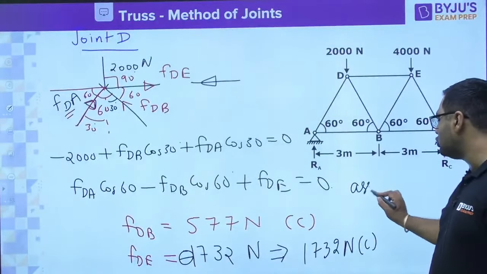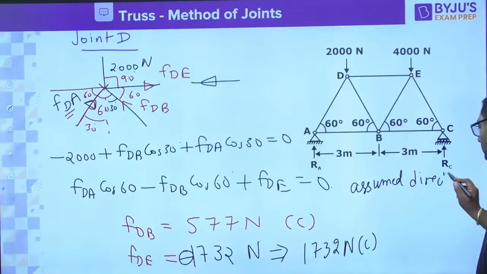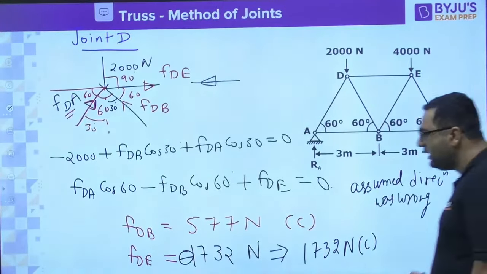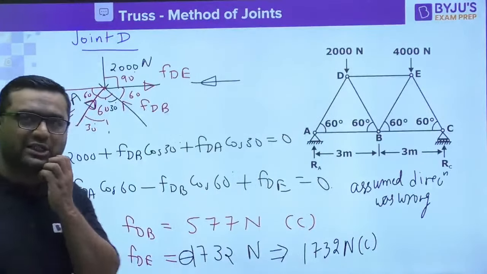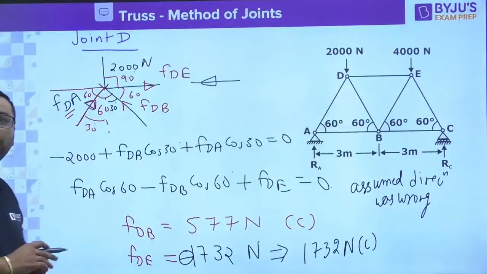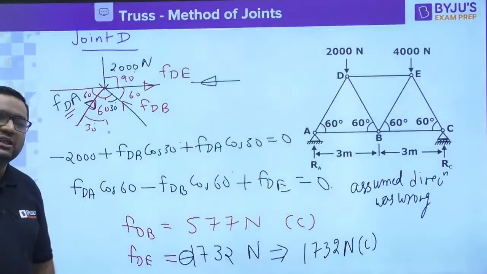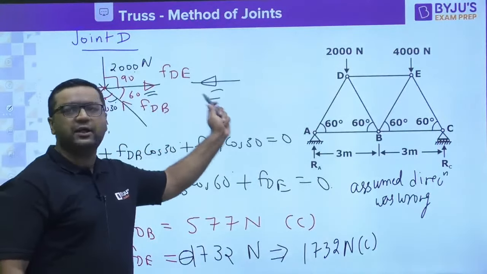Is it fine now? Very good, Ajay. Very good, Rathod Akshit. Yes, Pradyuman, that's why I said negative came, it means the assumed direction was wrong. The assumed direction was tension, so we have converted it into compression.